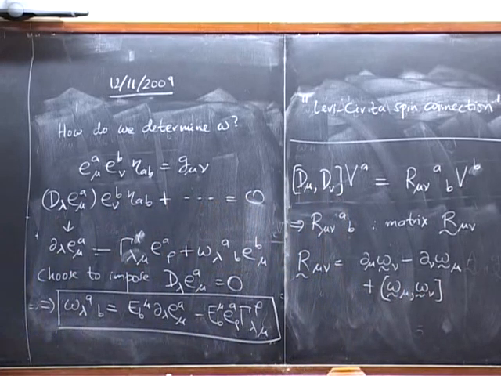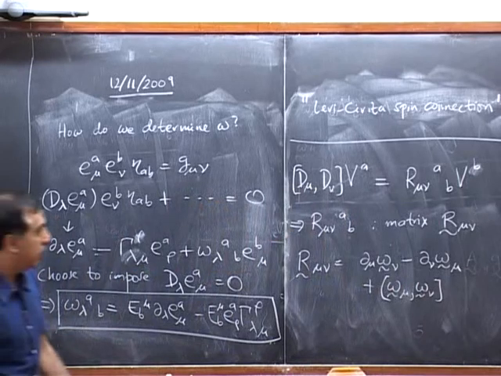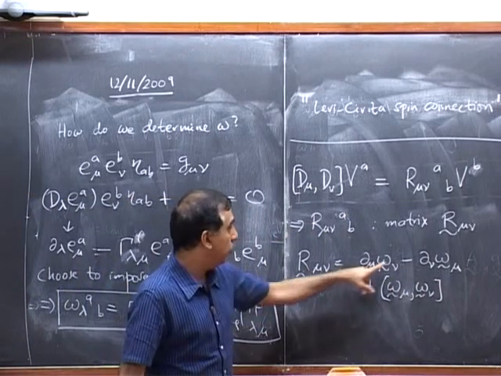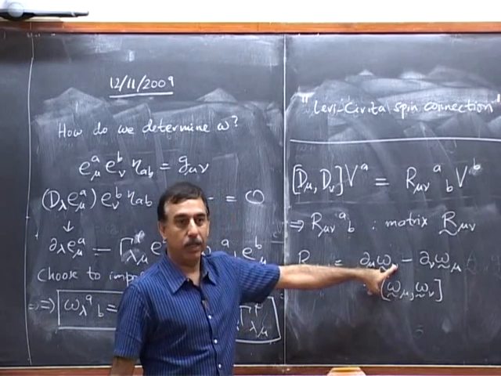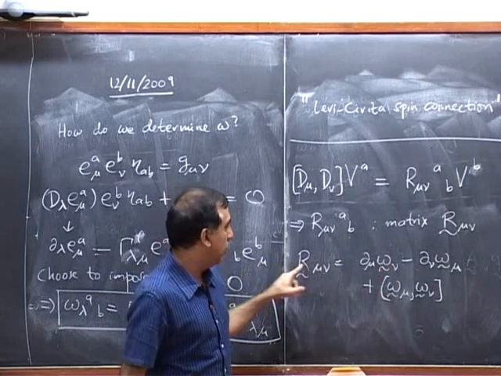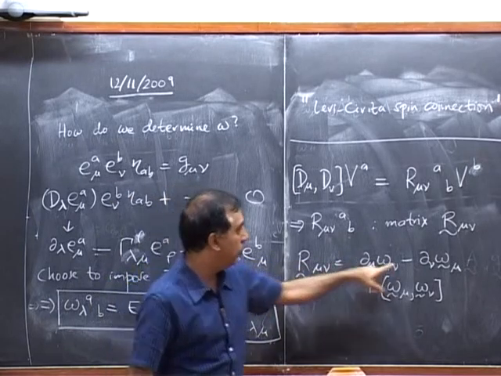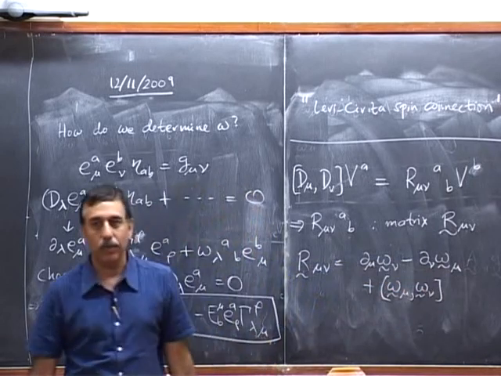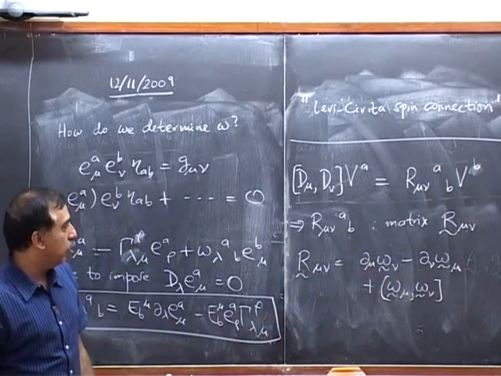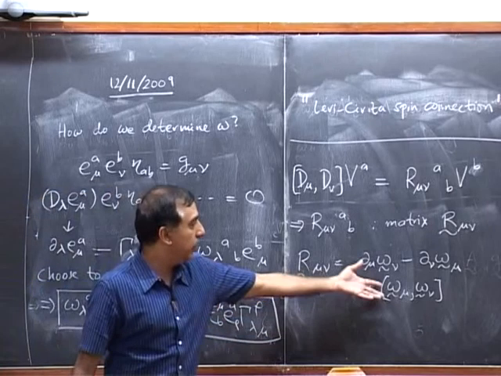This is exactly the same formula as you have in Yang-Mills theory for the field strength F mu nu in terms of the Yang-Mills potential A, and it generalizes Maxwell's relation that F mu nu is del mu A nu minus del nu A mu.